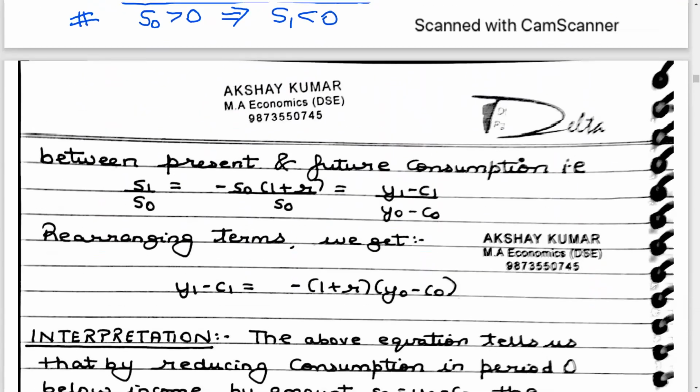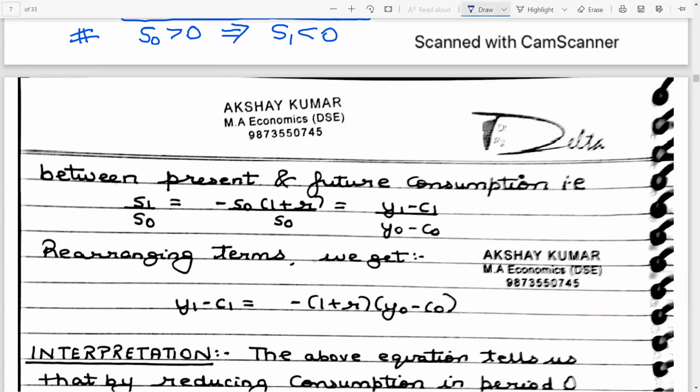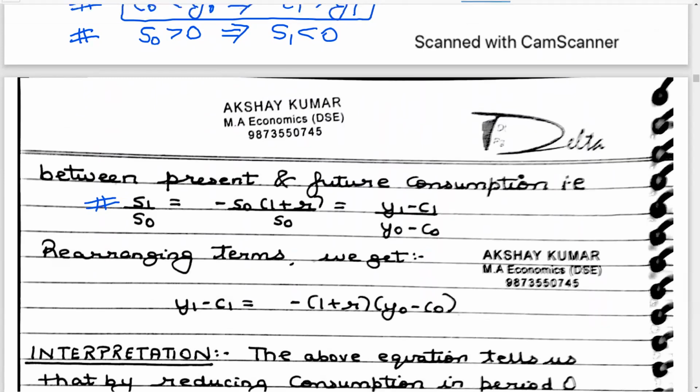So guys, I can write the equation between period 1 and period 0. So guys, my S1 by S0. What will S1 by S0 be? S1 itself is minus S0 into 1 plus R upon S0, which itself is nothing but Y1 minus C1 upon Y0 minus C0.